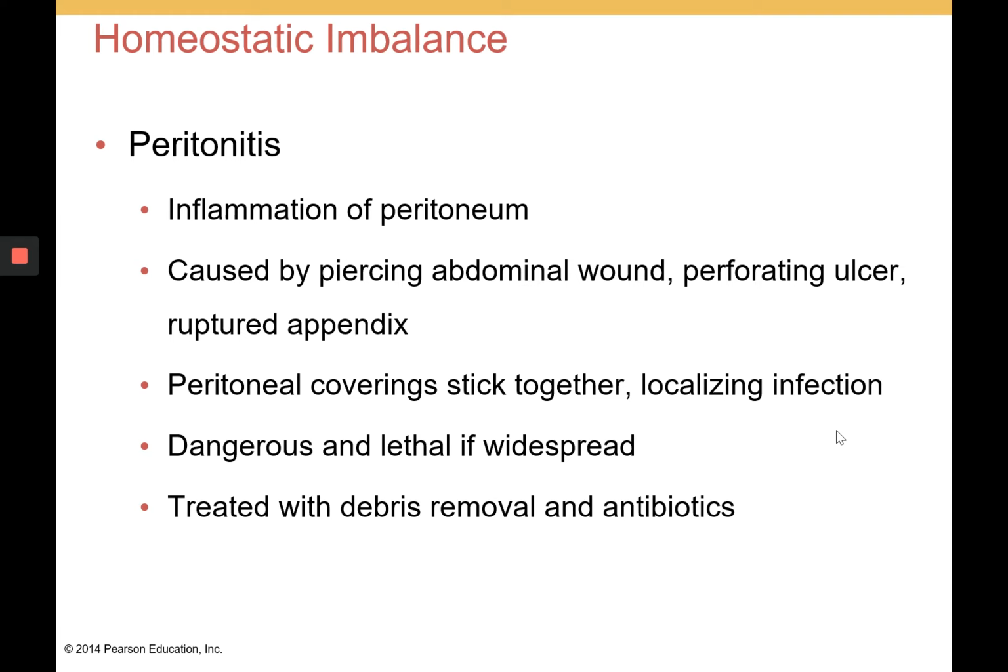Now, it's great that they stick together because if the rupture was caused by inflammation due to bacterial infection, we want to localize that infection. We want to keep everything stuck together and not allow this infection to spread. It becomes very dangerous if a bacterial infection does spread in the peritoneal cavity. We would instead want to quickly treat peritonitis with antibiotics and remove the debris.